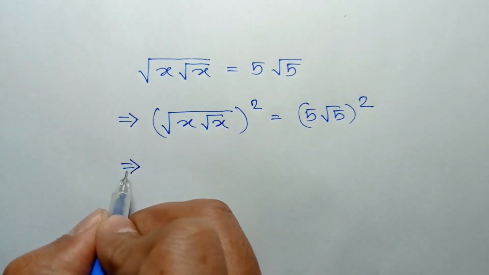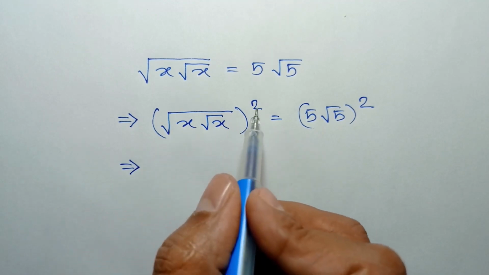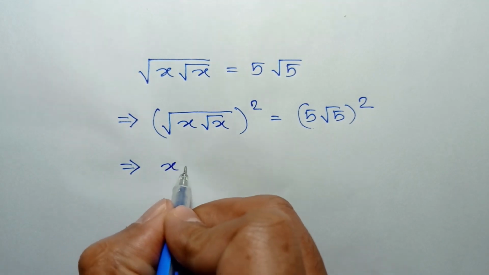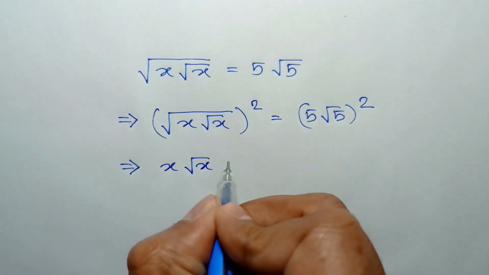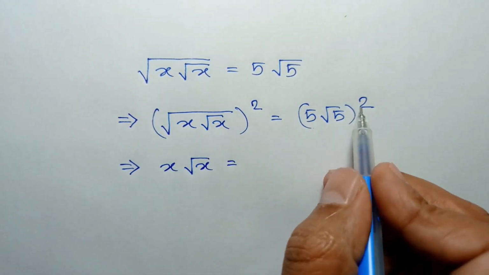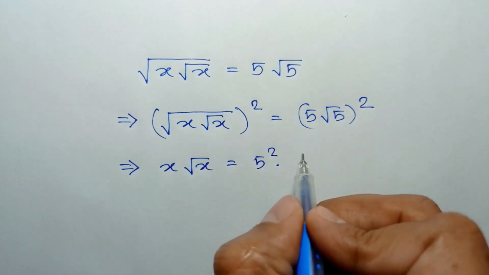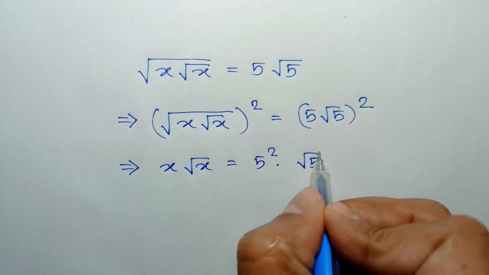This square root and square will cancel out, so it will remain x square root of x is equal to 5 square times (square root of 5) whole square.